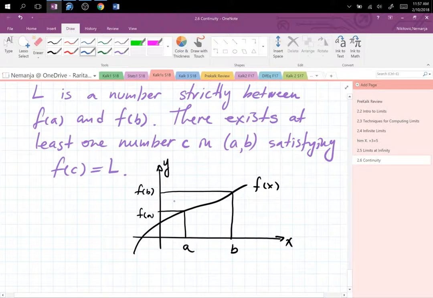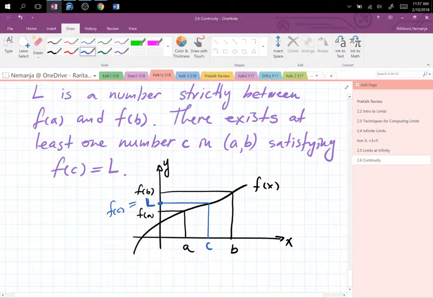So you pick somewhere, let's say here, you pick L. There has to be a c that made that L. And that's a c. It doesn't have to be in the middle. Sorry, I drew it in the middle. So that L is actually f of c.